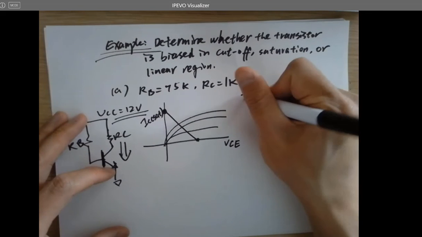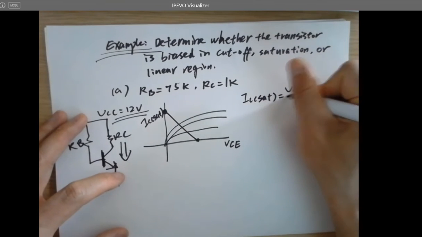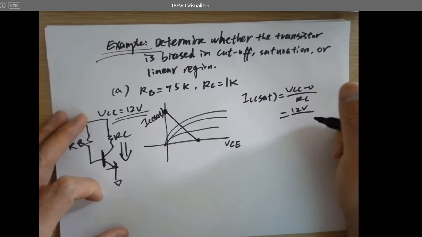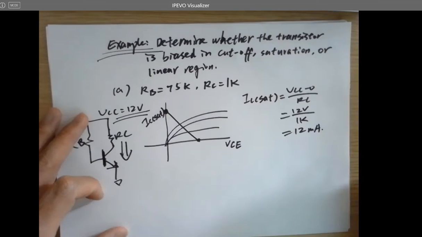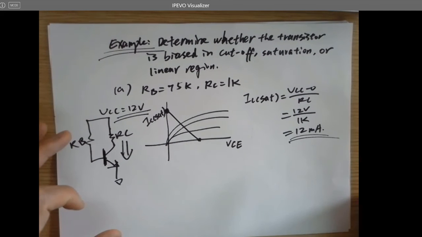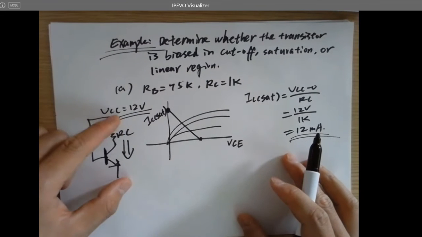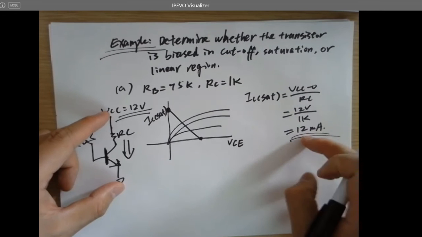So calculate for IC set first. It's going to be VCC minus 0 over RC, which is 12 volts over 1K, which is 12 milliamps. That's the maximum, no matter what. That depends on the voltage source and the resistor here already set up. That's the maximum you can get.